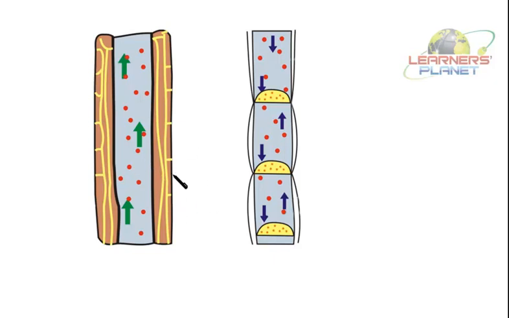Here you can see the beautiful diagram of xylem and phloem. These are the conducting tissues in plants. This is xylem and this is the phloem vessel. Right? So here you can see the transportation is taking place upwards, and here, the transportation is taking place downwards and upwards too.